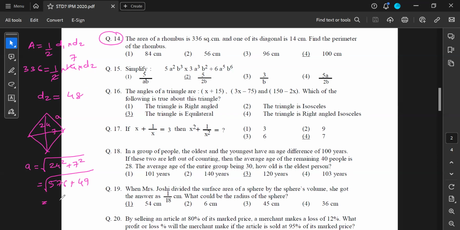And when you add both of them, you will get the answer to be 625. The square root of 625 is 25. So the side is 25. Since the side is 25, the perimeter will be 4 times side. That is 4 multiplied by 25. In this case, it will be 100.